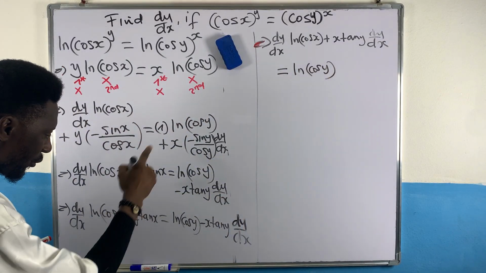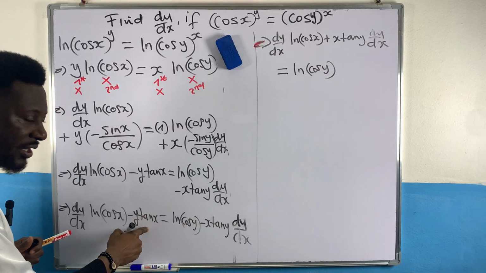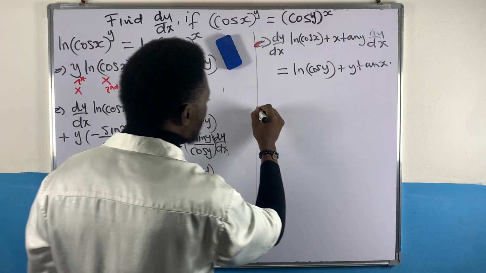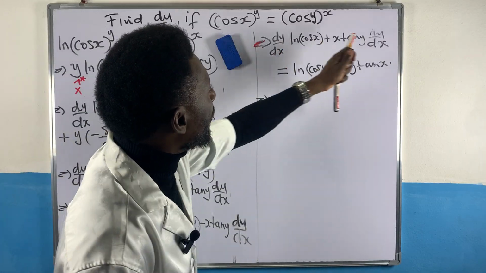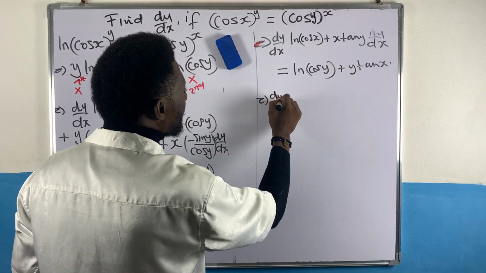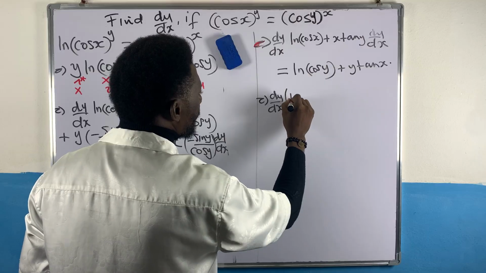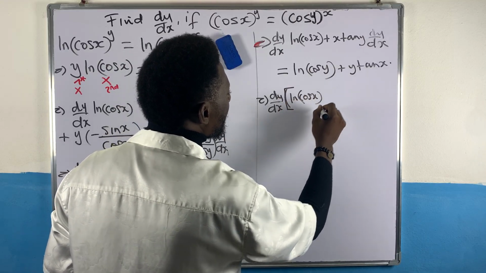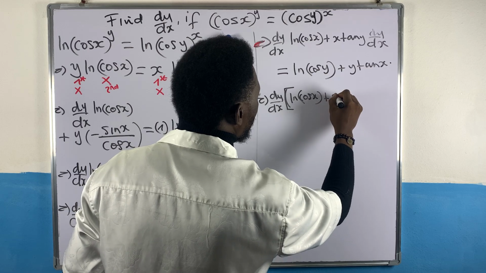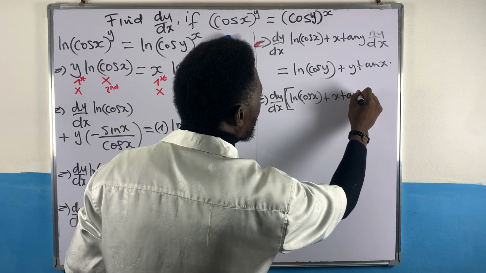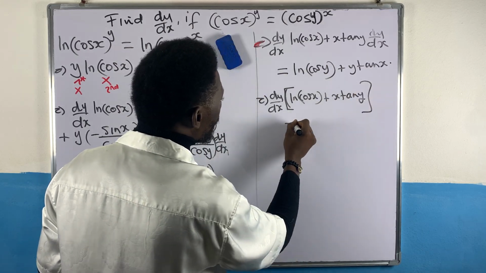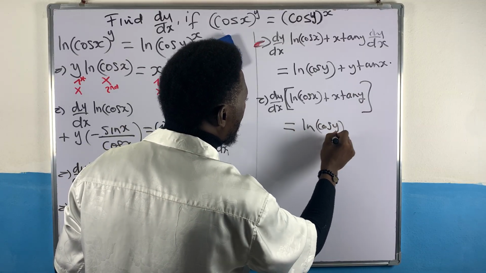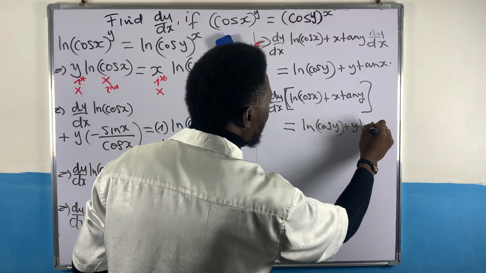I take this term also to the right hand side since it does not contain dy/dx, plus y tan x. From there I can factor out dy/dx, so I'll have dy/dx times (ln cos x plus x tan y) equal to ln cos y plus y tan x.